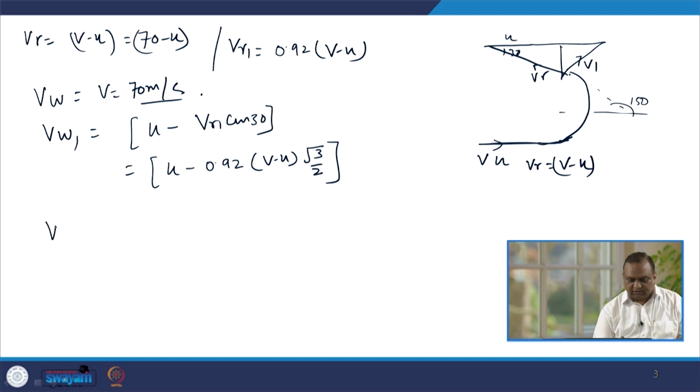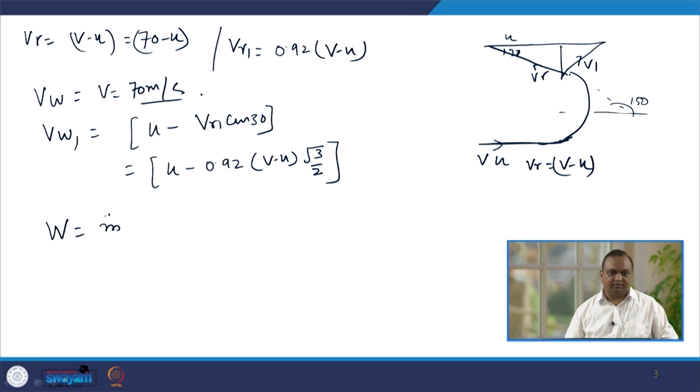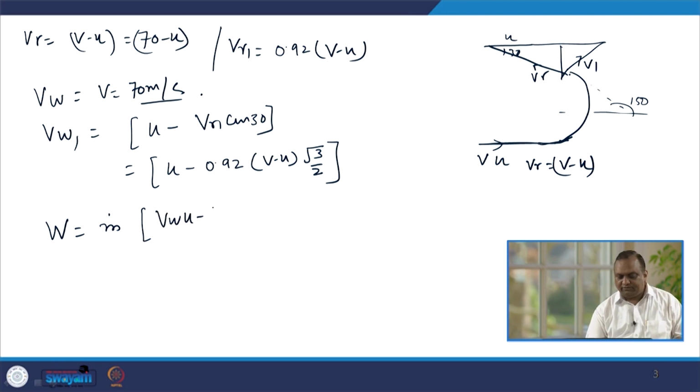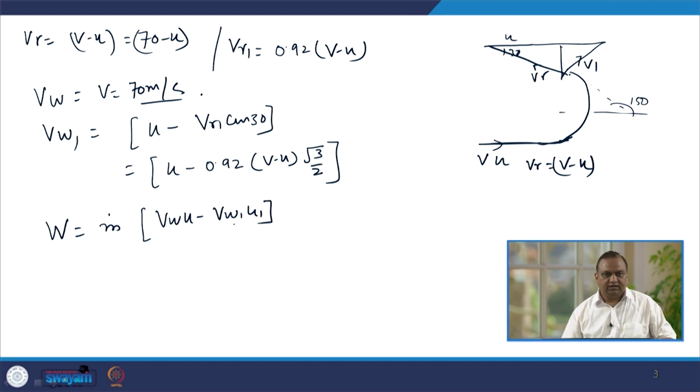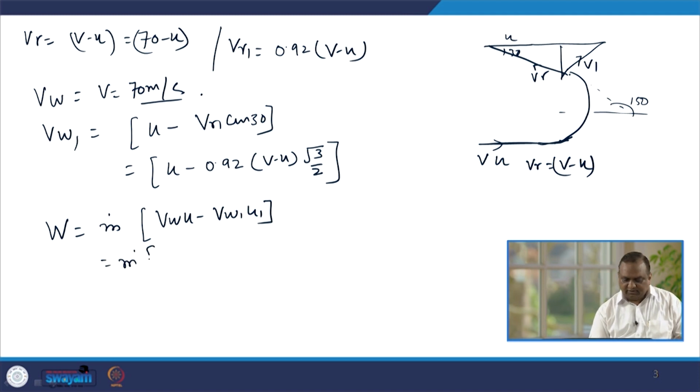Now the work, or rather the rate of work output, because we are assuming mass flow rate, is mass flow rate times (VW U minus VW1 U1). It is always like that. In that case, because here U is equal to U1, U will be taken out.